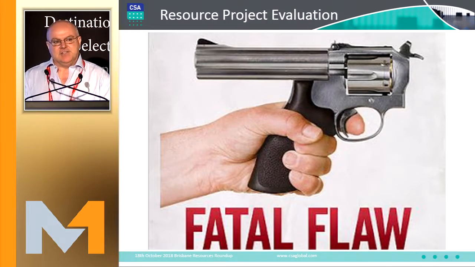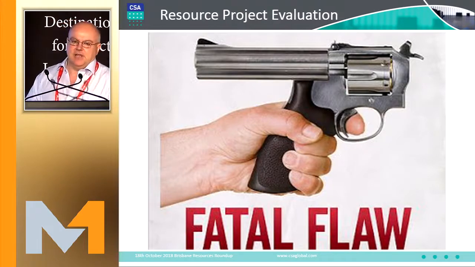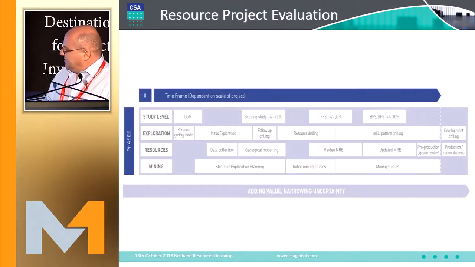But there's even a further detail that we look at when we're looking at the value of a project. And a lot of it is to do around where the exploration and the resource estimation work is happening. I'll just maybe bring you back here to the study levels I mentioned a little while ago, a couple of slides back, in the scoping study, the PFS, pre-feasibility study phases.